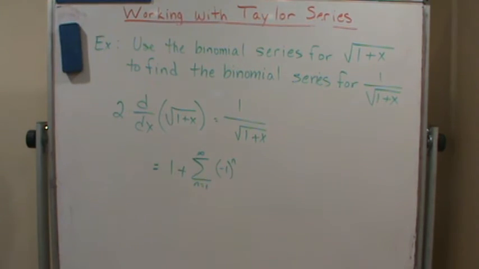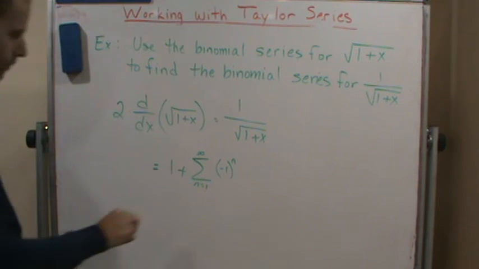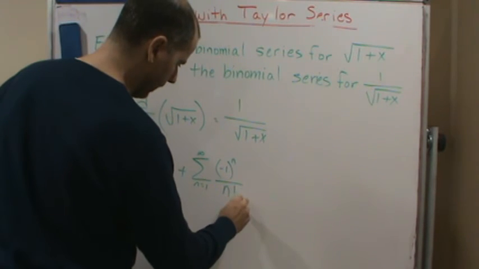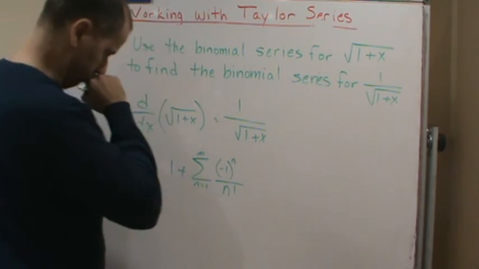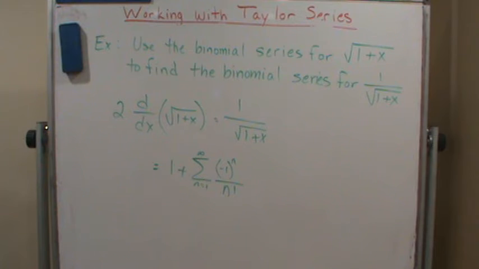So instead of n plus 1, it's going to be n, because again, we're taking the derivative. And this is going to be over n factorial, and it's going to be x to the nth and 2 to the nth, right?